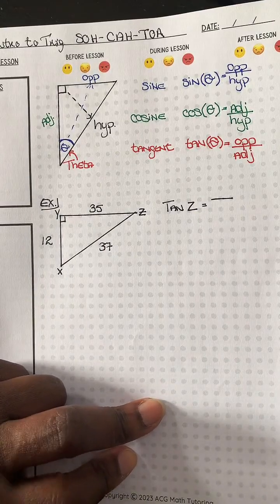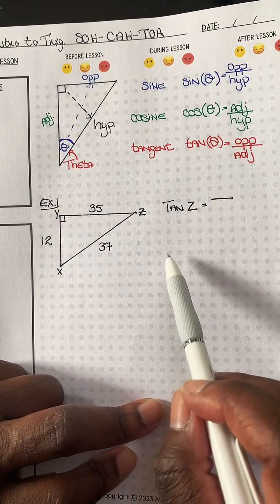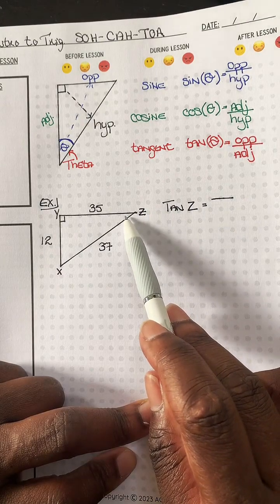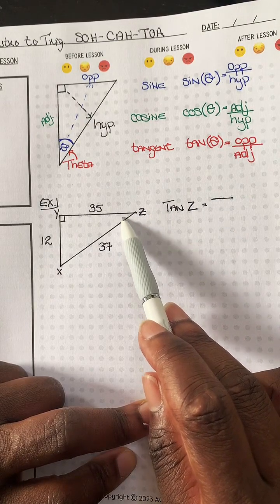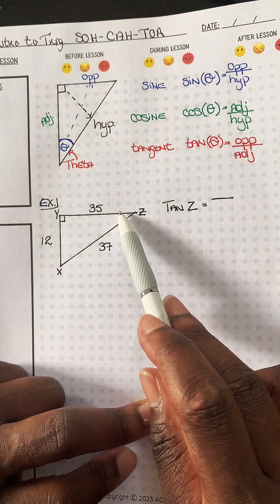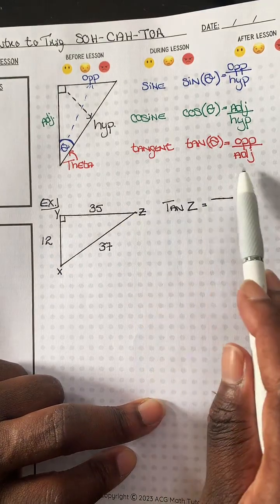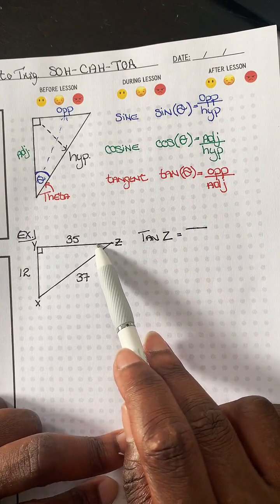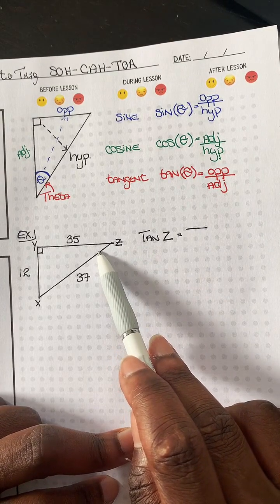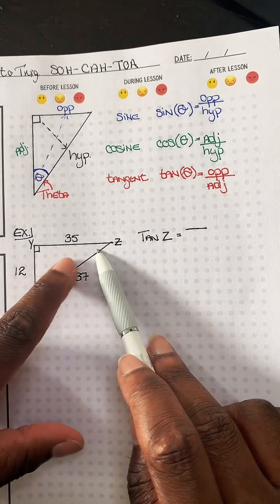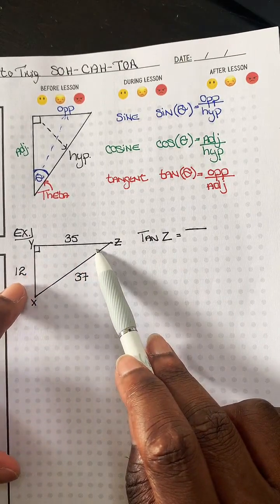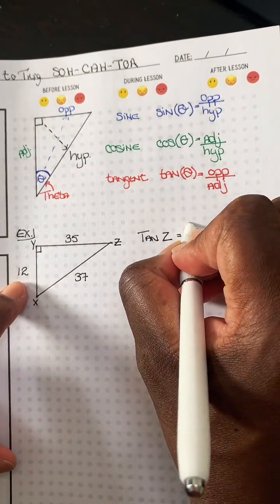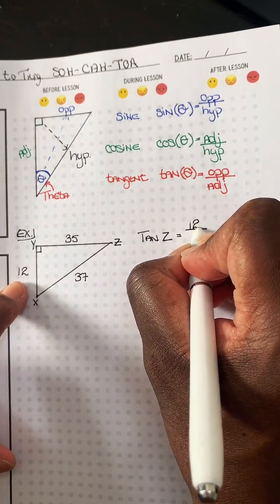So if I'm saying the tangent of angle Z, I'm looking at angle Z. So angle Z is going to be my theta. So tangent, if we recall, that's opposite over adjacent. So the side that's opposite Z is going to be, good Ashley, 12, because that's opposite angle Z.